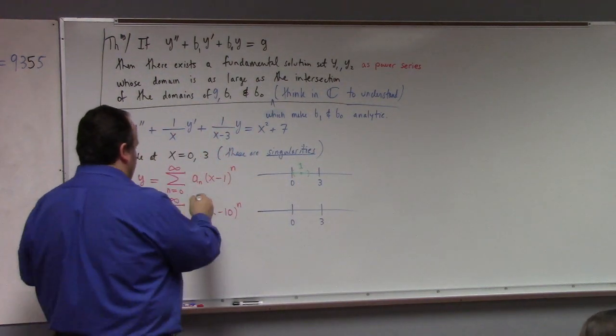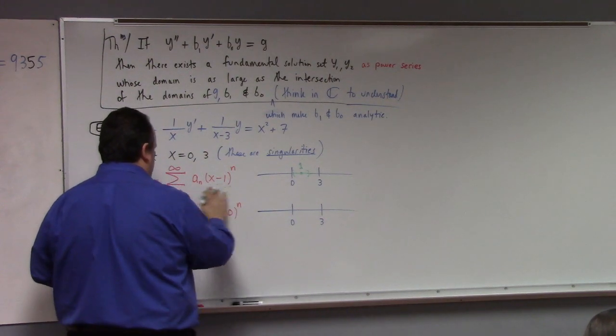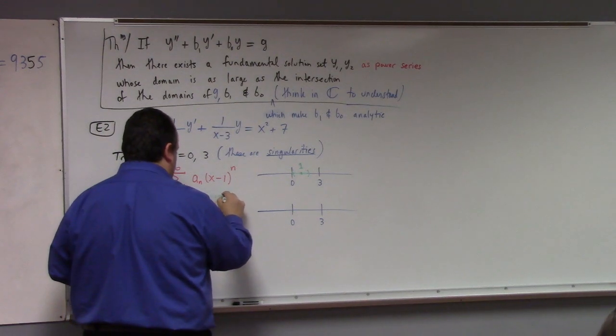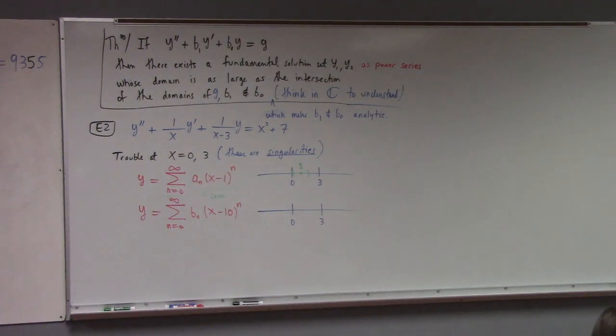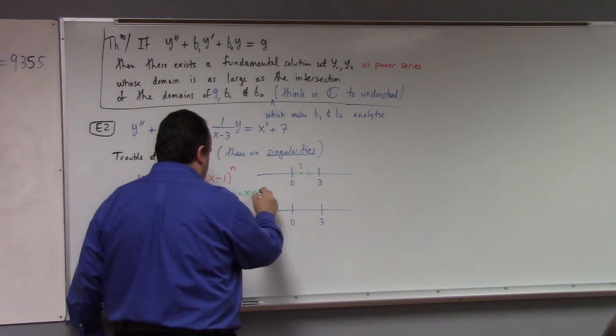So basically, this is going to converge, the whole thing, not just that inside part, of course, but the series is going to converge for what? Something like 0 less than x less than 2, right?